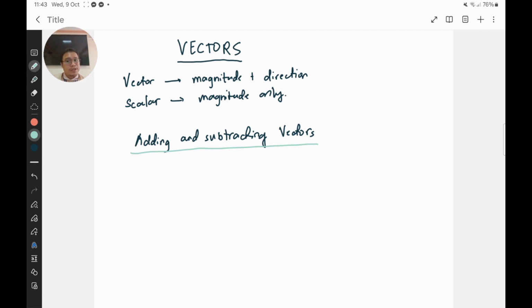So, for instance, if we are going to add and subtract vectors, it would be very easy for us to add and subtract vectors if they are located only on one dimension.